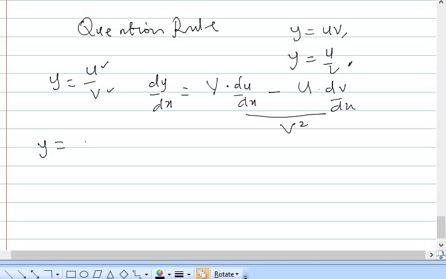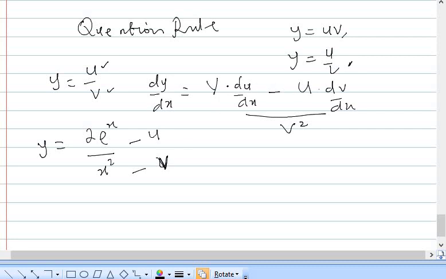The example is y equals 2 exponential of x over x squared. As you see, this is a division. So you can say let the top one be u, and the bottom one be v. From the formula you need v and u, and they're already there.